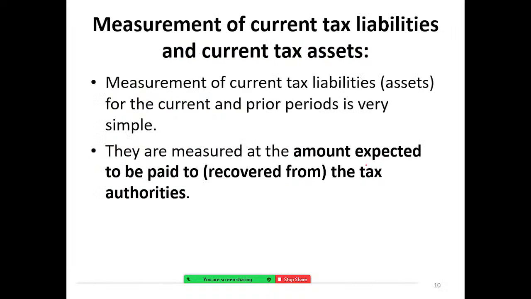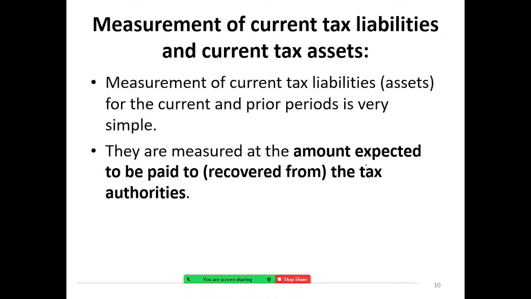Measurement of current tax assets and current tax liabilities. Measurement of current tax liabilities for the current and prior period is very simple. They are measured at the amount expected to be paid to the tax authorities. So it's very simple, right?